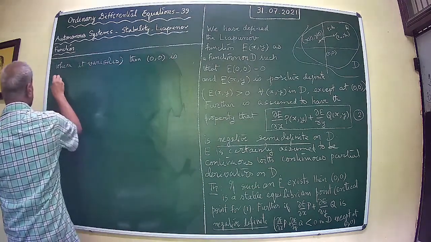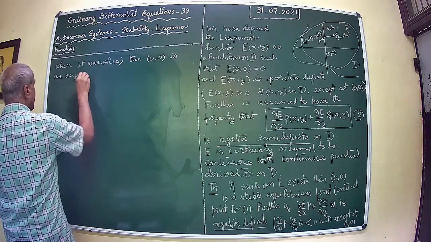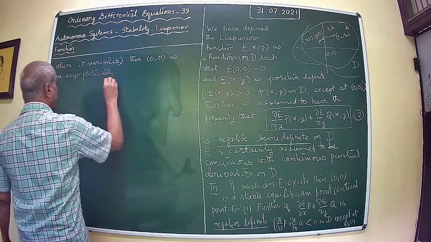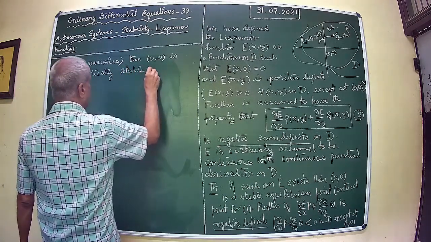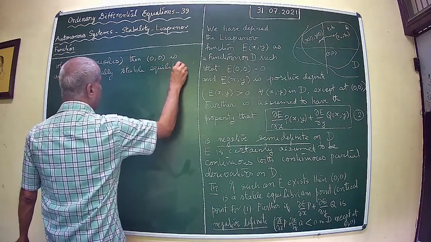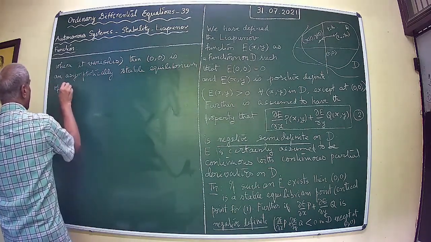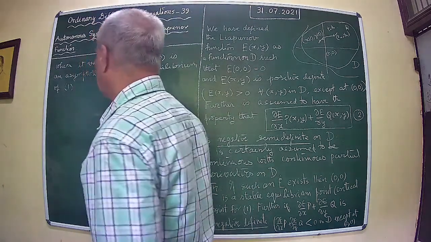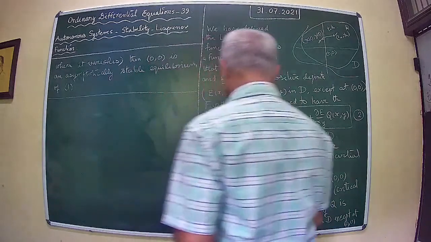And asymptotically stable equilibrium of... okay, we have two parts for this result.